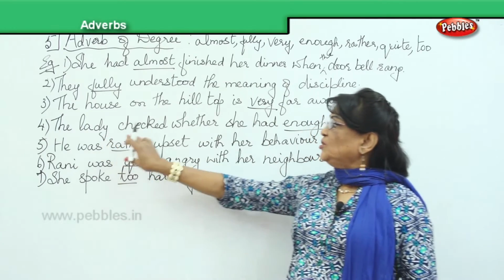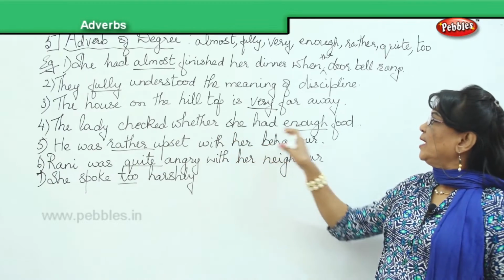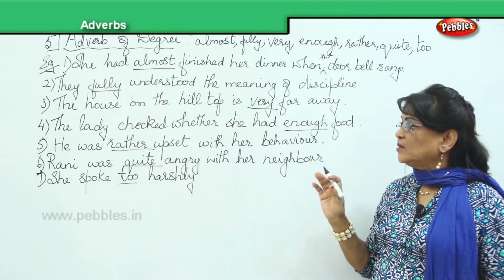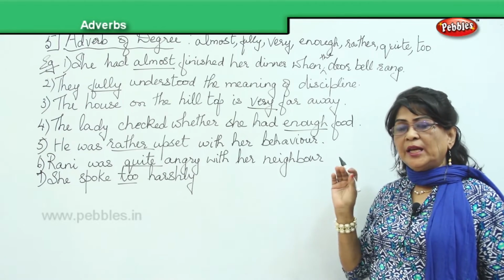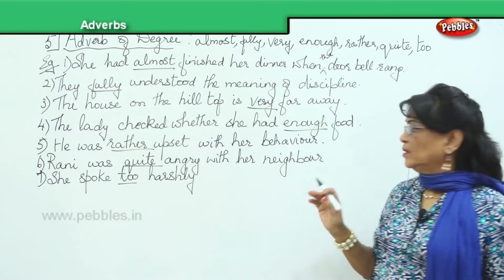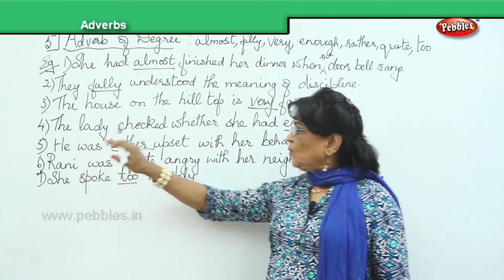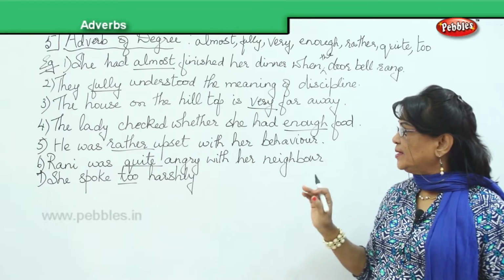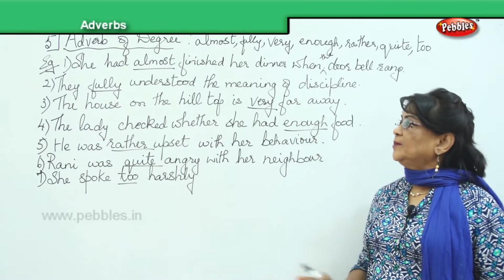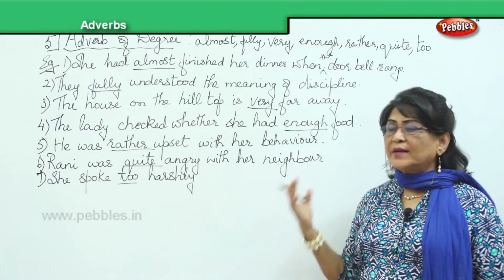The lady checked whether she had enough food. So, enough. Next one. He was rather upset with her behavior. Like very upset, she was rather upset.